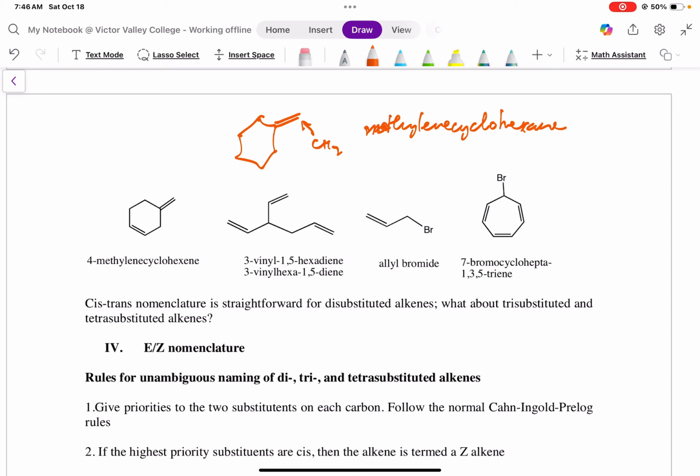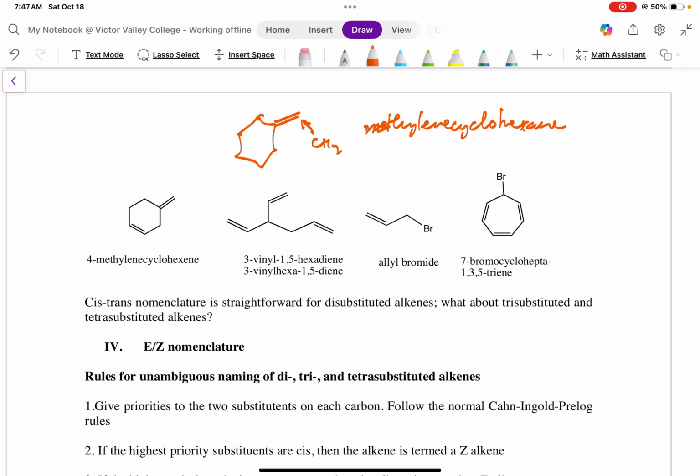That's the best way. Now, if we have this, then it's going to be 1, 2, 3, 4, 5, 6. So we do have to number it because we have a double bond on the ring. Okay, so if you do 1, 2, 3, 4, 5, that's counterclockwise. That's good.